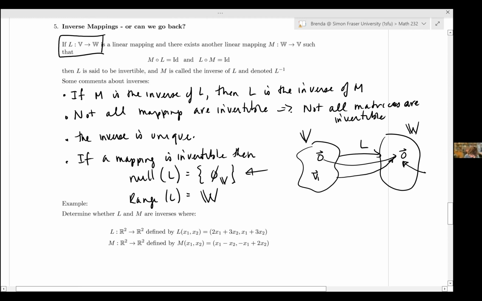How would I know if I came from here or if I came from here? I would have no way of knowing. All I would know is that I'm over here at zero. And so then I would not be able to go back. So this would not have an inverse. So you can sort of see why, if it's an invertible mapping, there is only one vector in the input that maps to the zero vector over here, and it is the zero vector.